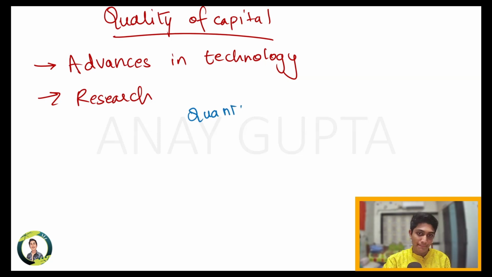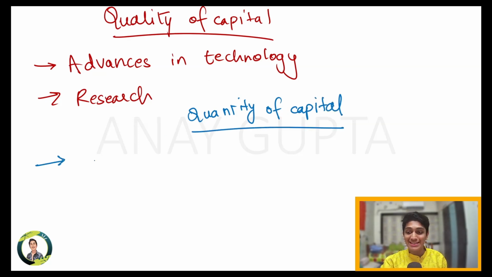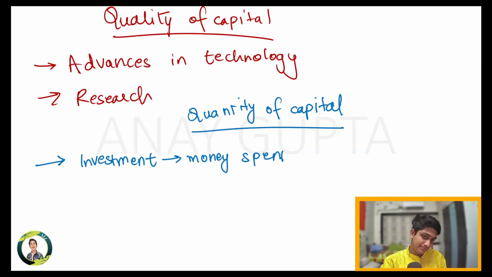Now, if we speak about the quantity of capital, here's where a lot of masala can come in. So, quantity of capital is heavily influenced by investment, or how much money is spent on new capital goods.